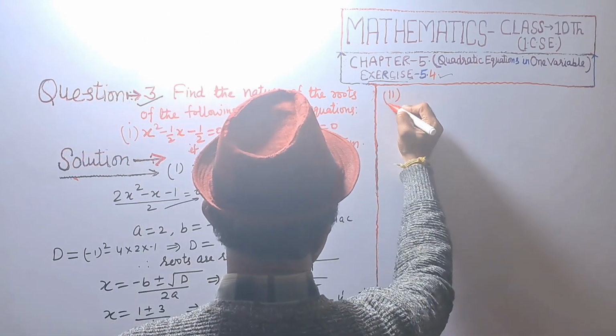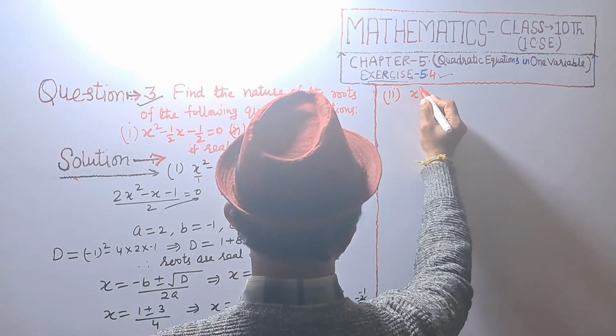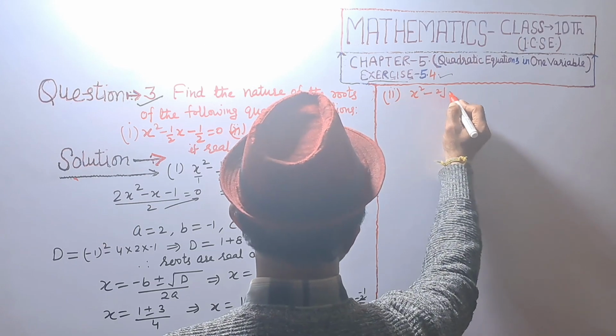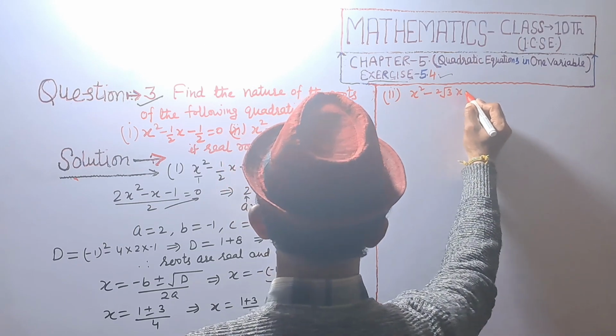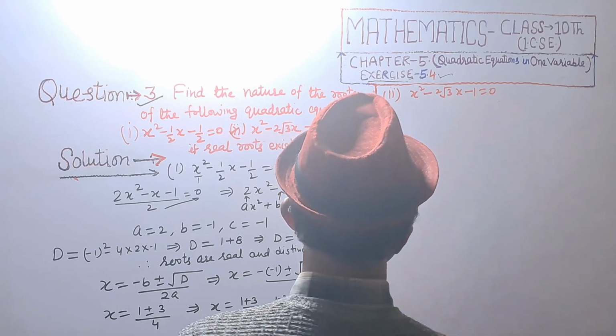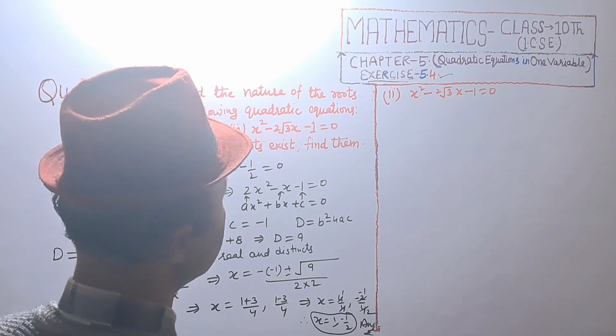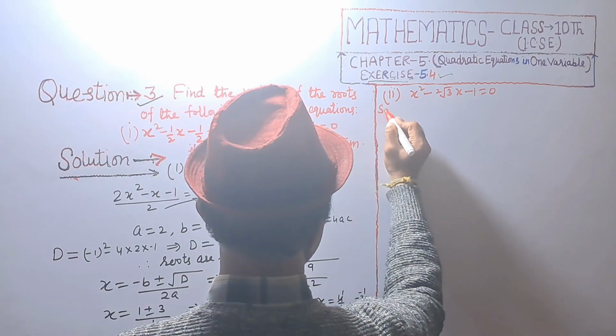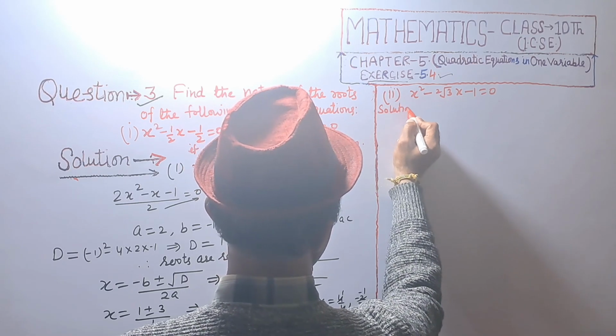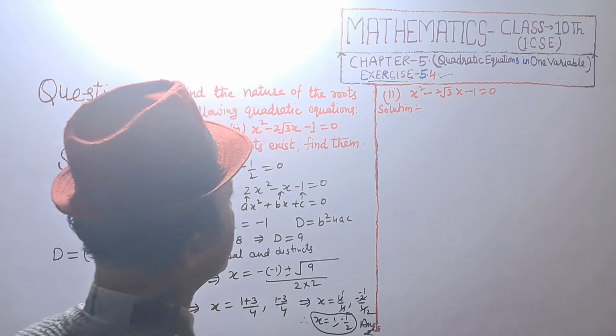Second part is given, that is x^2 - 2 root 3 x - 1 = 0. Solution.